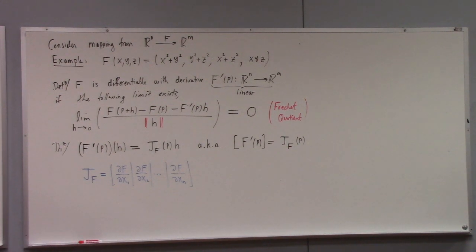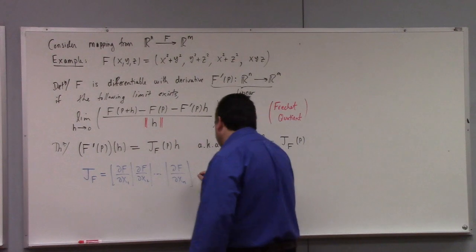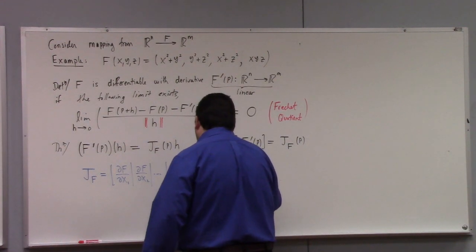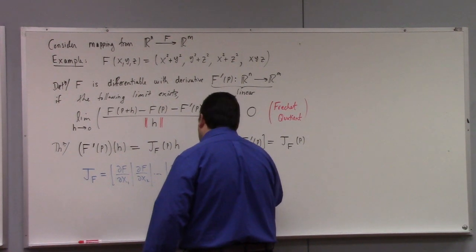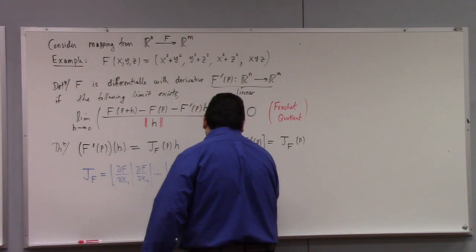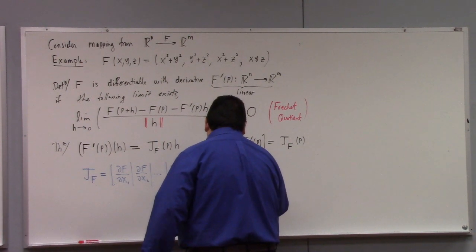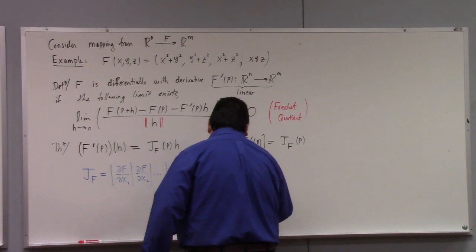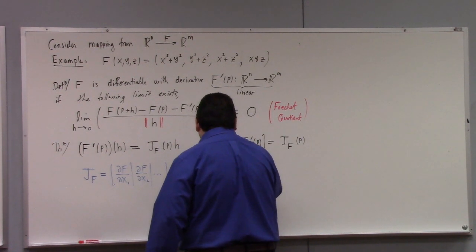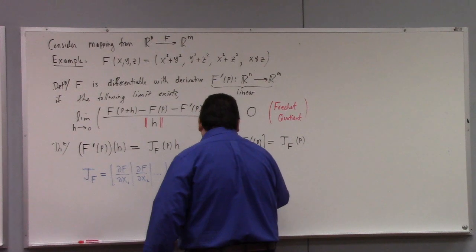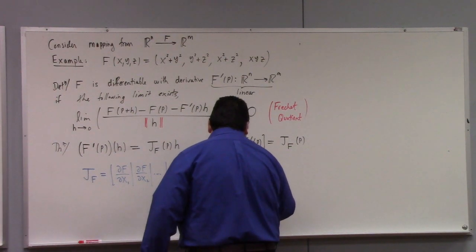You guys know what matrices are, and you also know what partial derivatives are, so this is not a big deal, right? Another way to look at this is it's a stack of gradients: the gradient of the first component function of F, the gradient of the second component function of F, all the way down to the mth component function. I think of gradients as column vectors, so I owe you some transposes on these.